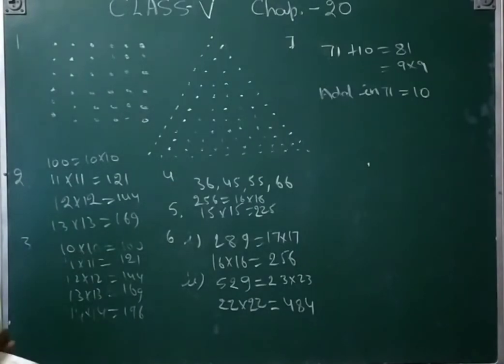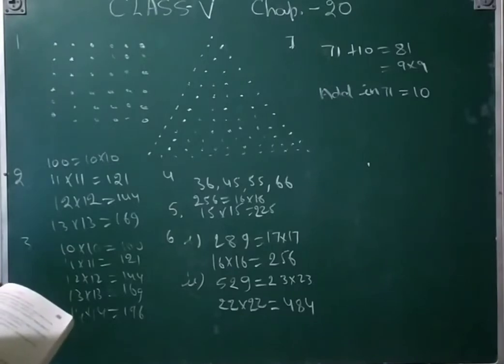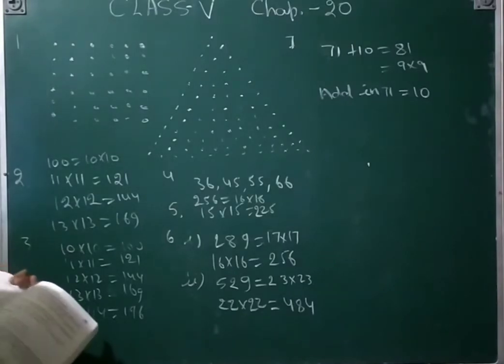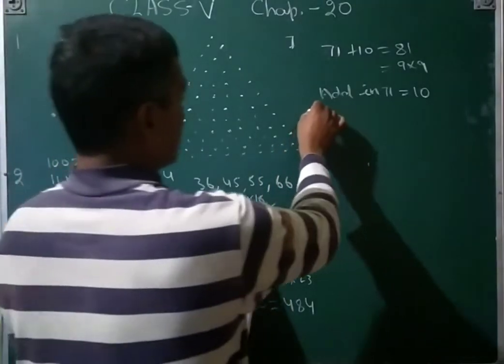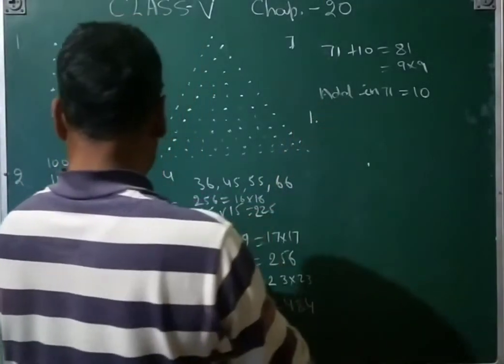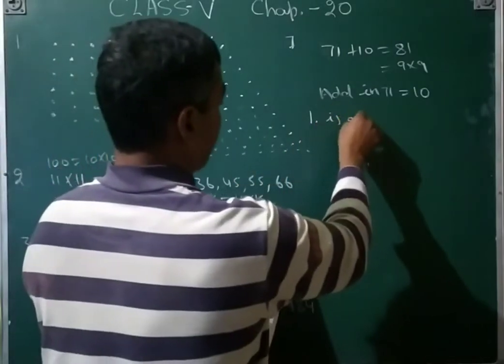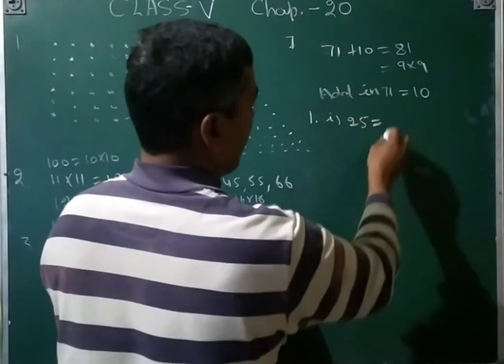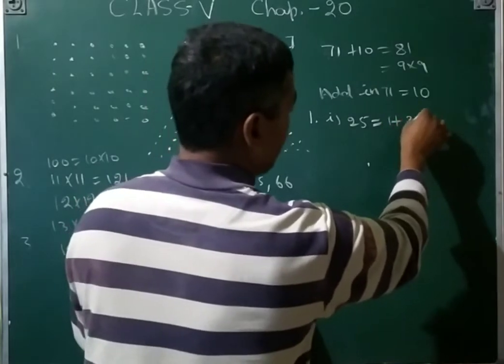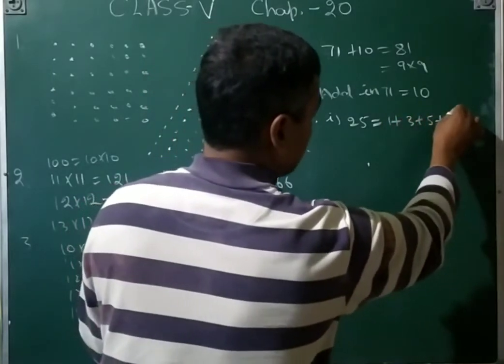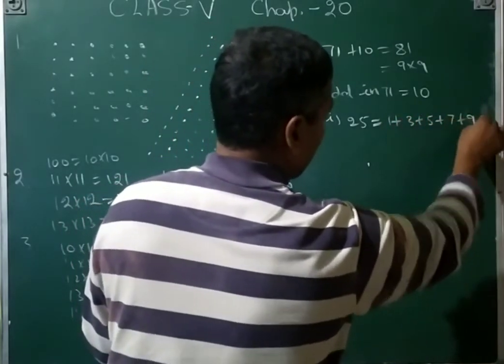Next exercise: express the following sequence number as the sum of odd numbers. So the first question of exercise 2, first part is 25. We can write it like this: 1 plus 3 plus 5 plus 7 plus 9.